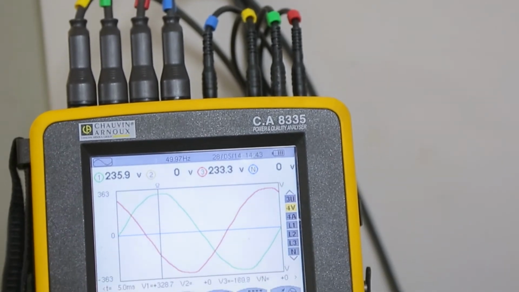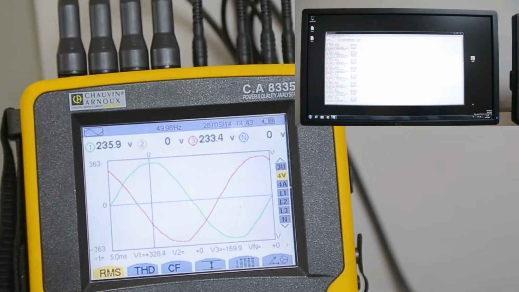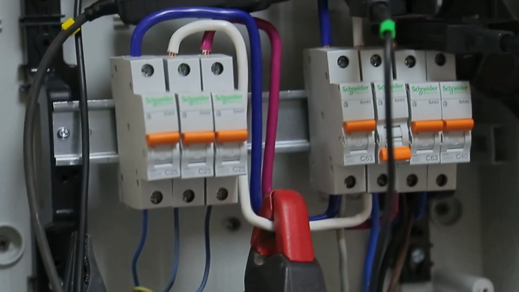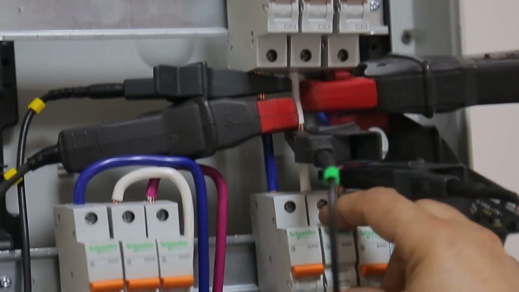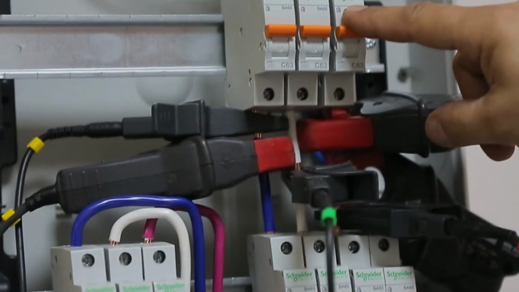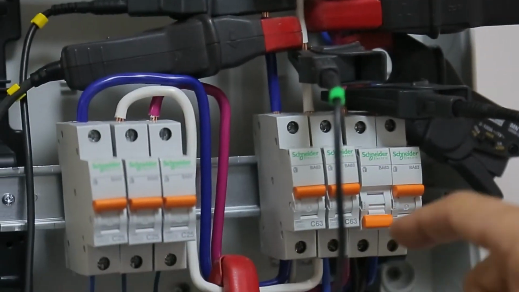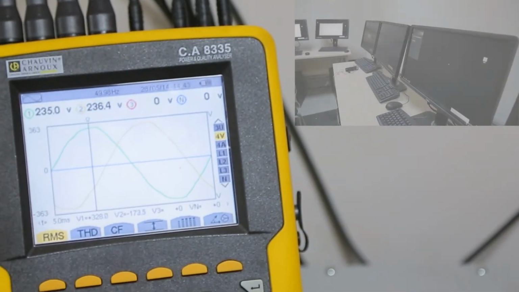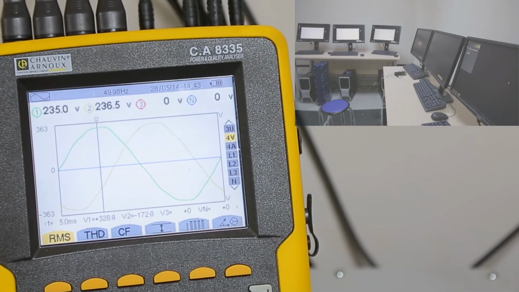B phase is absent, but servers are working. The B phase is restored. The C phase is disconnected. The absence of phase and the stable operation of the servers is observed.